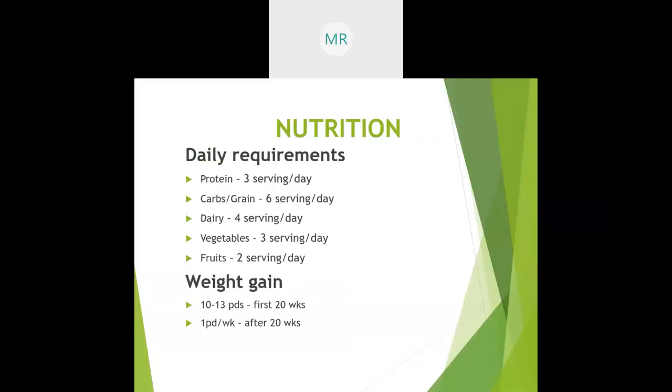So inadequate maternal dietary intake could result in fetal deprivation with premature birth, birth of a stillborn, or congenital birth anomalies. Pregnant women do need an additional 300 calories a day. So we will go through the daily nutrition requirements for a pregnant woman.